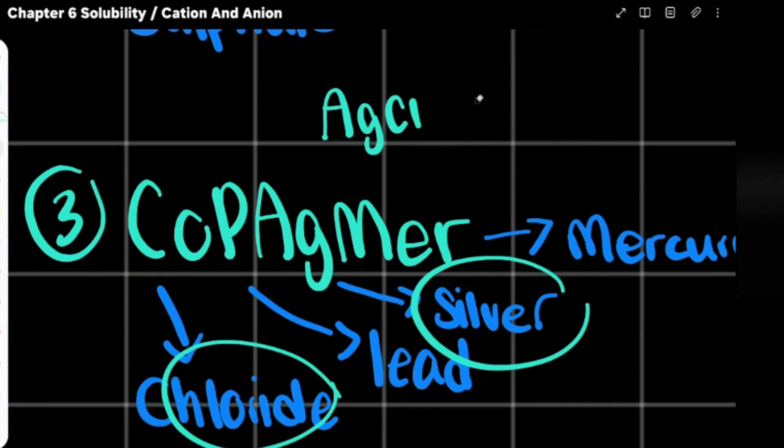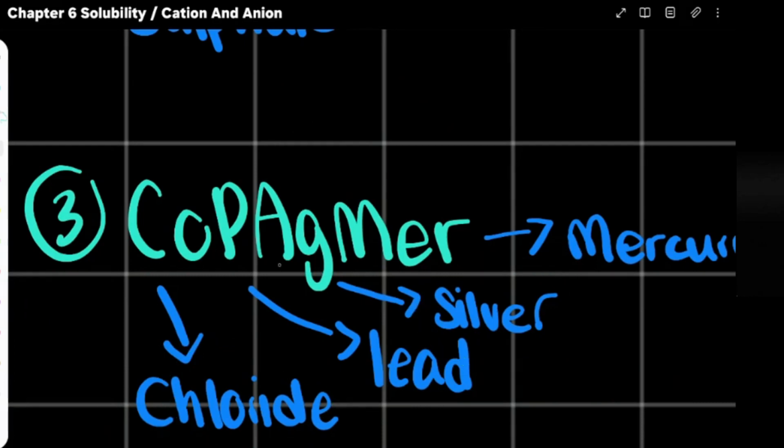But if I were to use, let's say, ZnCl2, is this soluble? This is soluble. Whenever they give you an equation, you should always look for chloride or sulfate, and then see whether it partners with anything or not. That's all it is.